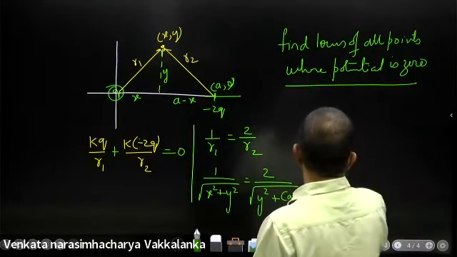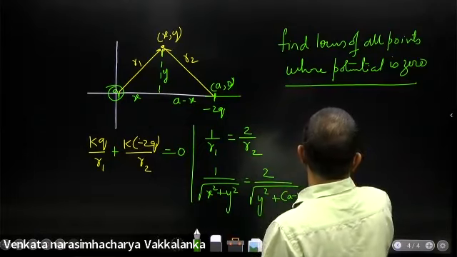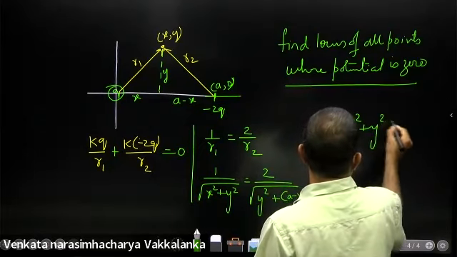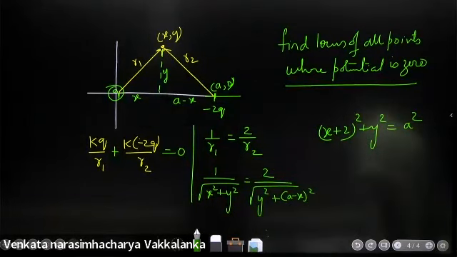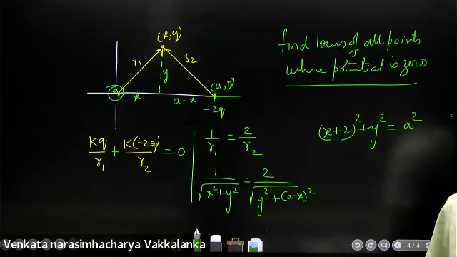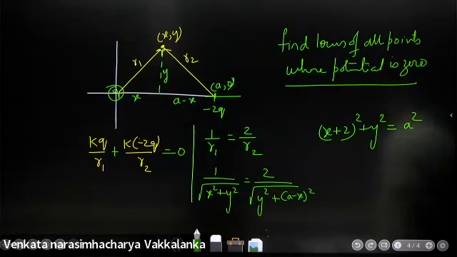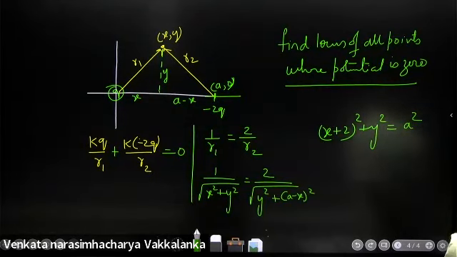If I'm right, you will get x plus 2 whole square plus y square is equal to a square, if I remember the answer well. No, not a square here.